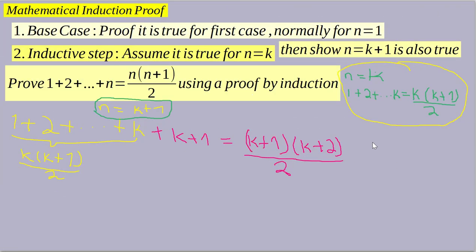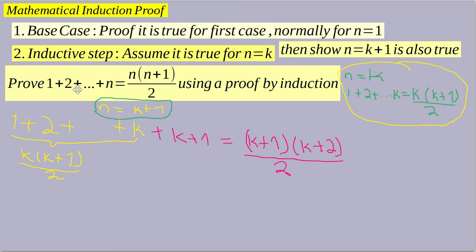So what I've done so far, don't forget, is we have proved that the base case n equal to 1 is true. We just made an assumption that n is equal to k. That gave us this expression. And now I am at n equal to k plus 1. I want to show that when n is equal to k plus 1, this equation holds. So what I've done is replace all the n by k plus 1.